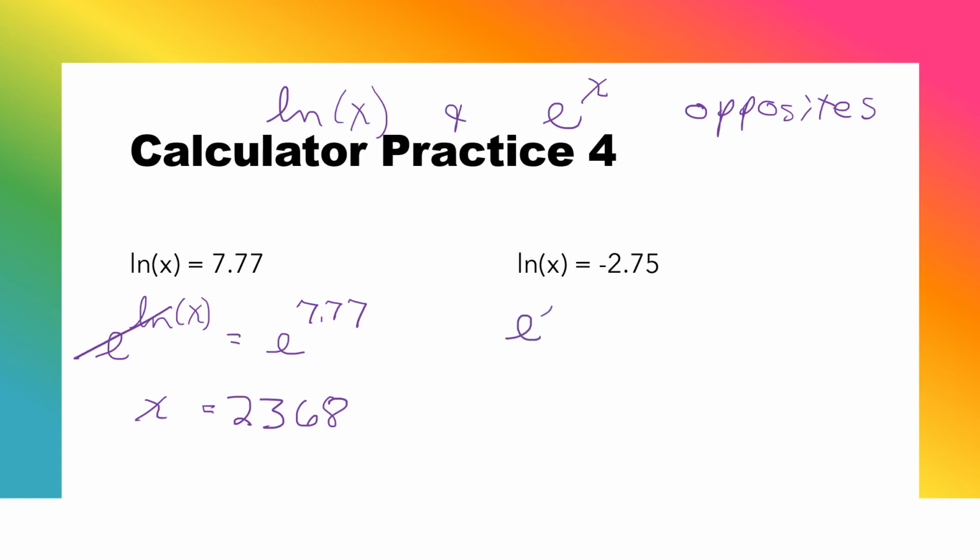So e to the natural log of x is equal to e raised to the negative 2.75. E to the natural log cancels out, leaving x is equal to e to the negative 2.75. So 2.75, change sign, second e to the x. And I've got 0.0639 for an answer.